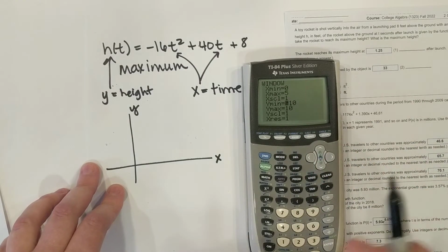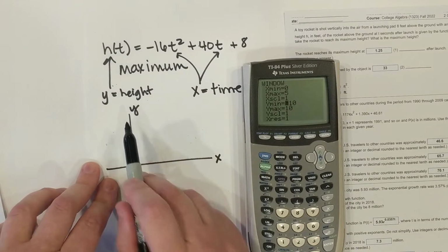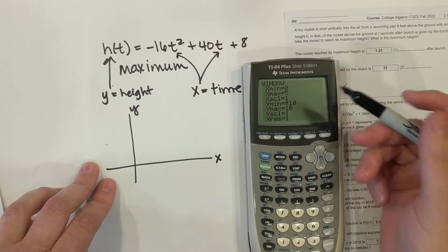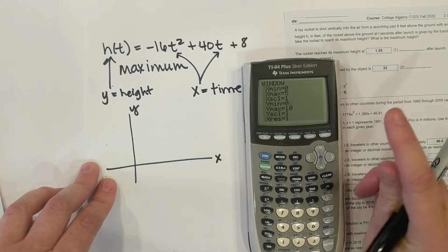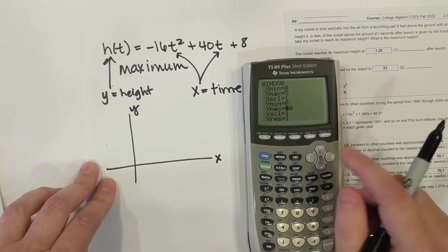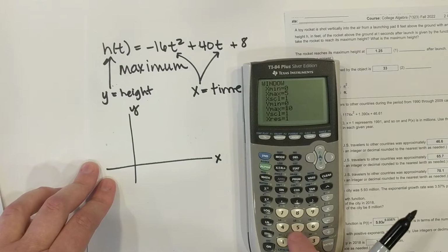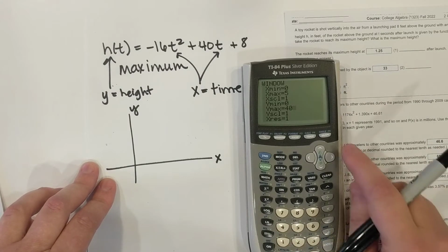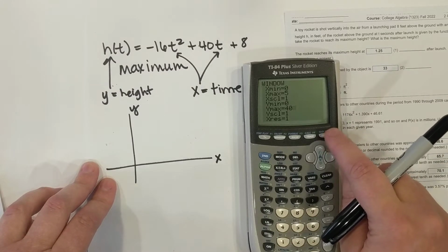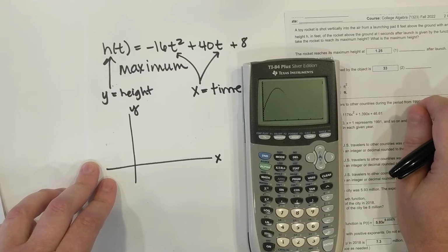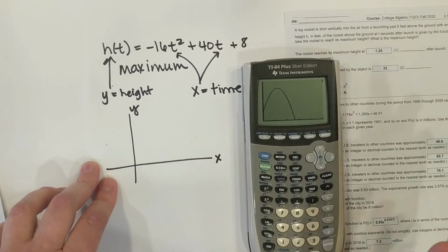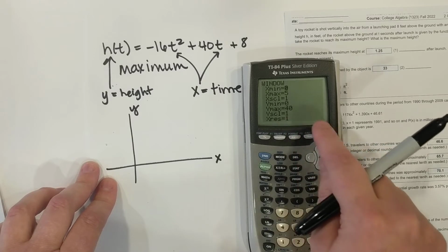Okay, then y is talking about the height. So a negative height doesn't make sense. So 0 would be ground level. And then we need a bigger y max. I'll try maybe 40, just picking that number out of thin air. And if that didn't work, you can always go back to the window and change these settings.